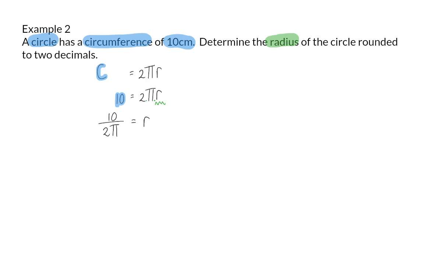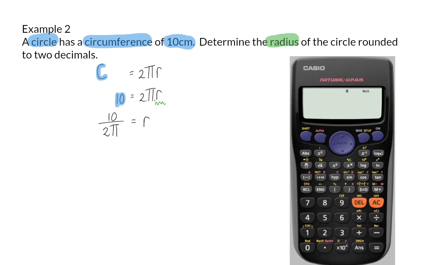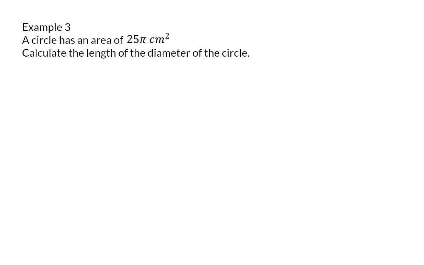This you can do on your calculator. So if I plug this in, it will be 10 divided by 2 times pi. And when I round this to 2 decimals, the final answer will be 1,59 centimeters.